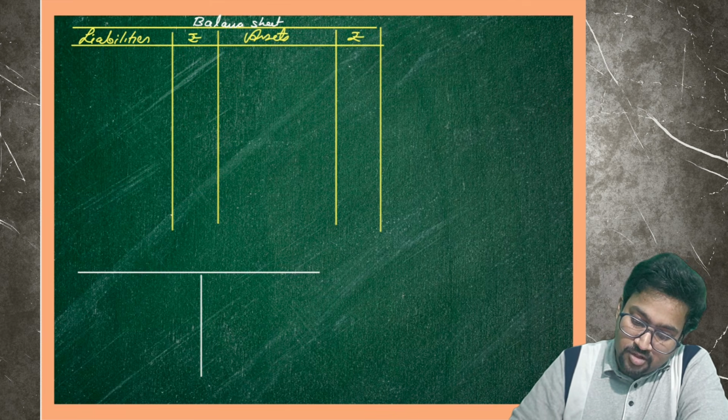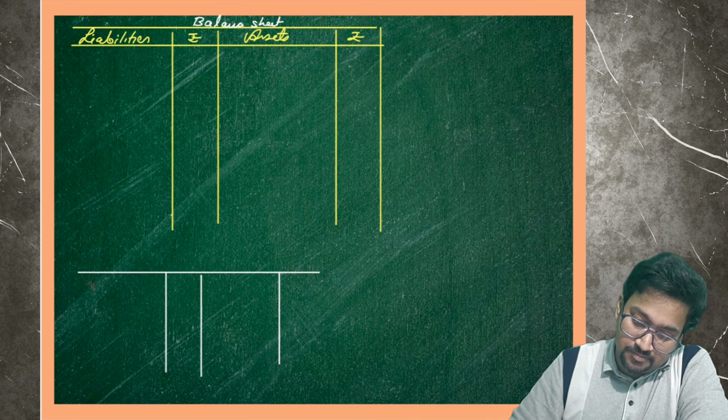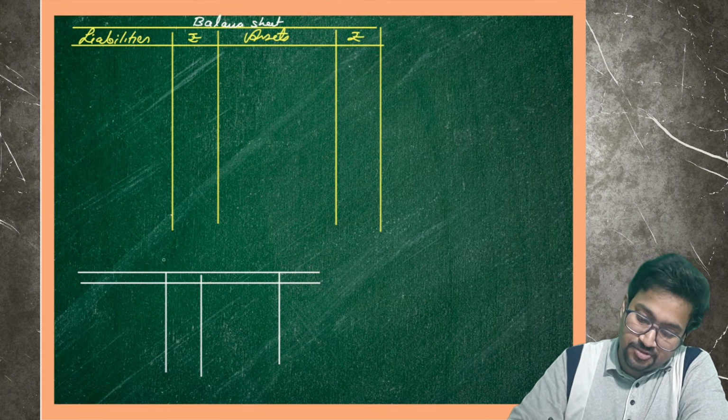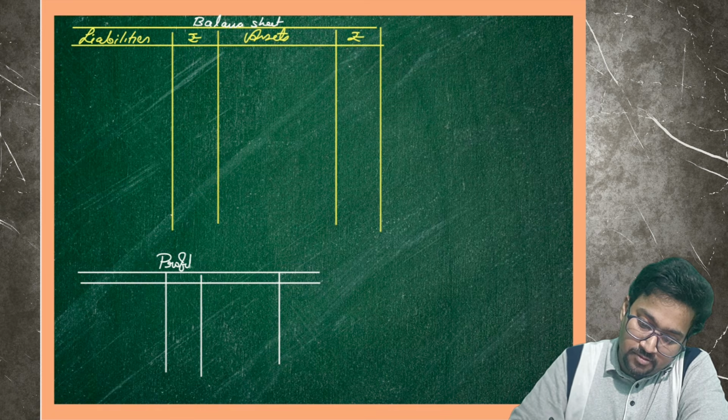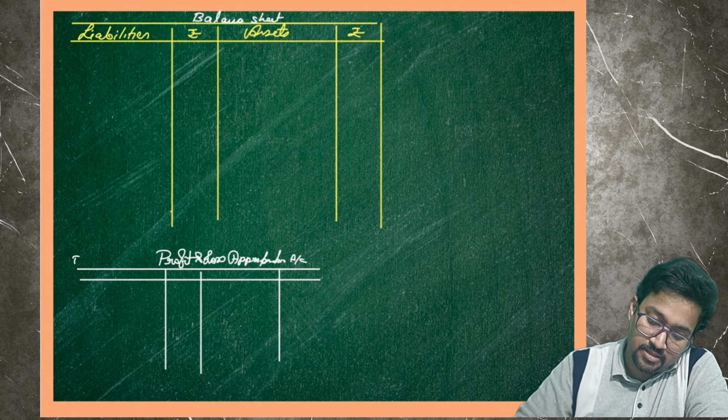So now we have to make a new account, and this is called PL appropriation, means profit and loss. All the things will be same, like here we'll write debit, credit, particulars, amount.